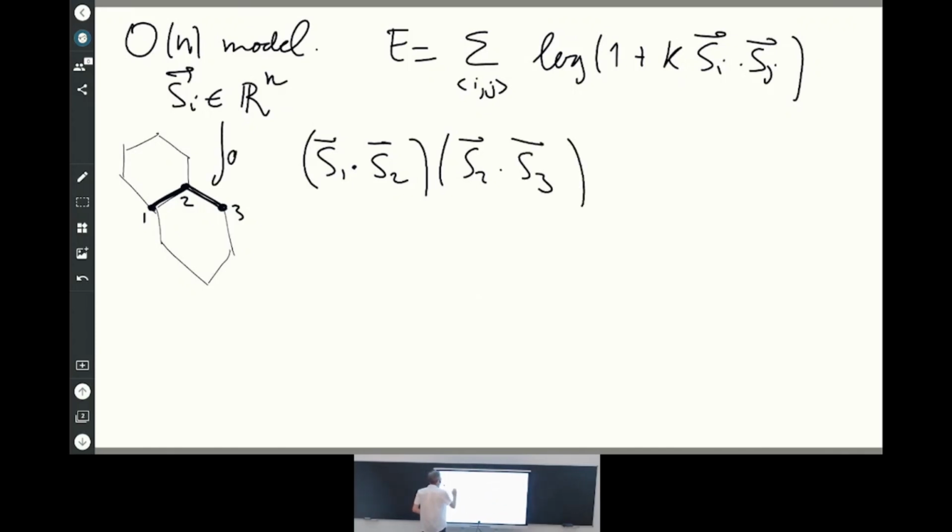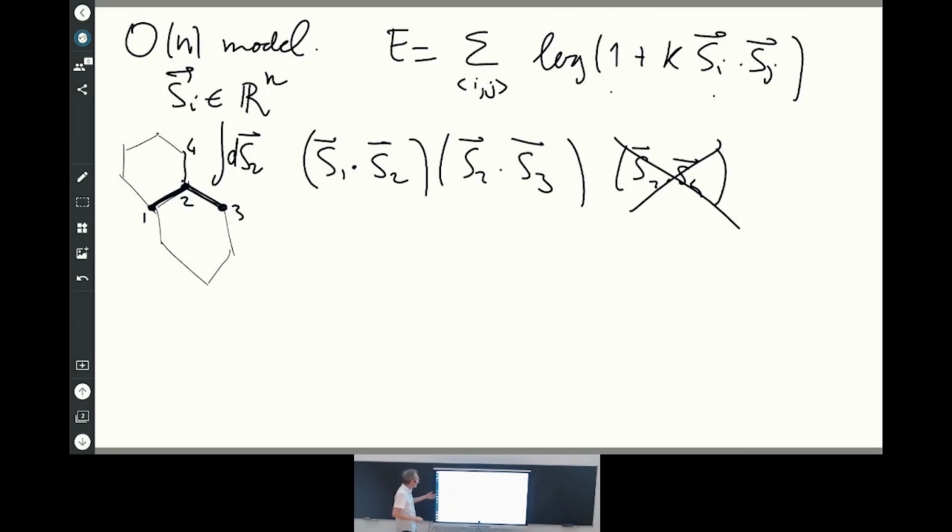So I'm integrating this over S2, let's say. Because for each of these factors, 1 plus k S_i scalar S_j, I have to choose whether I consider the term with 1 or the term with an interaction. But to have a non-zero result, I need an even number of these S2s. I couldn't have a bond here in the sense of having S2, S4. This is forbidden because if I do that, just the odd number of S2 will make the integral 0. So let's not have that.